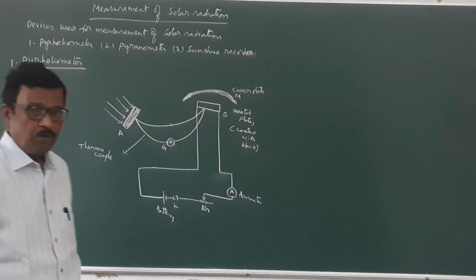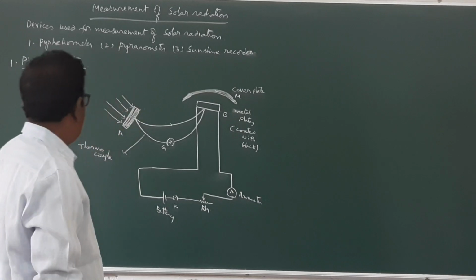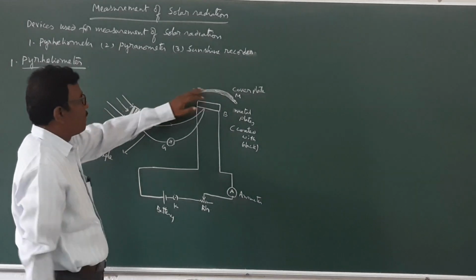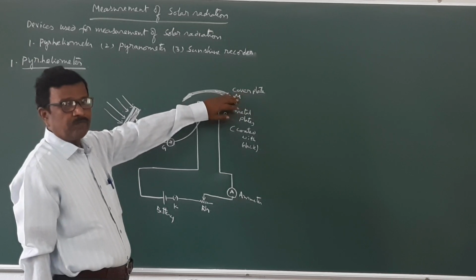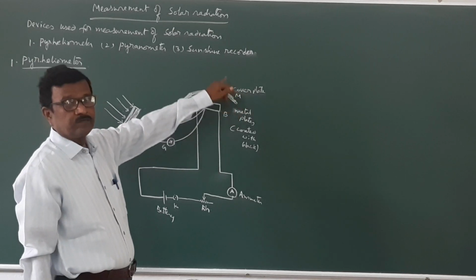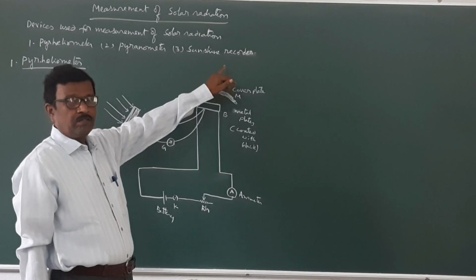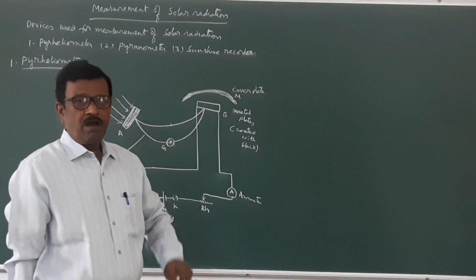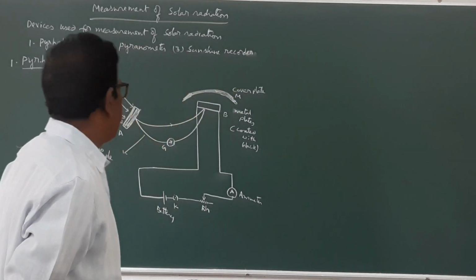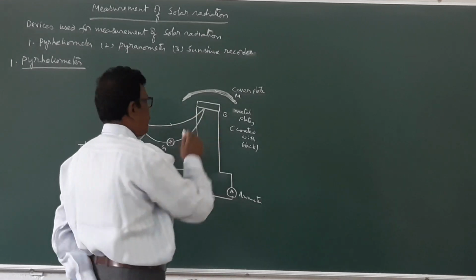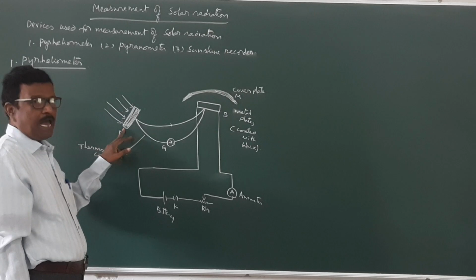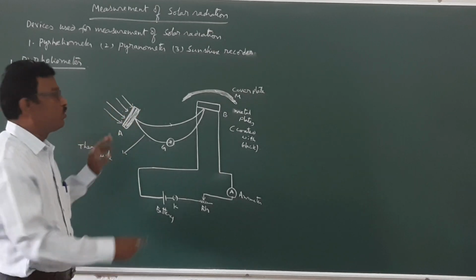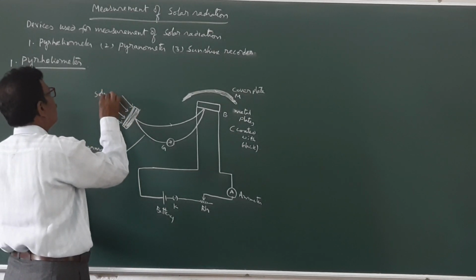Now let us see the working. The plate B is covered with a metal plate M and shielded to prevent falling of any radiation on the plate B, and kept at a low temperature. While the other plate A, which is coated with black, is exposed to solar radiation.